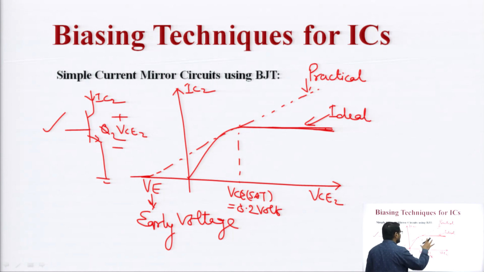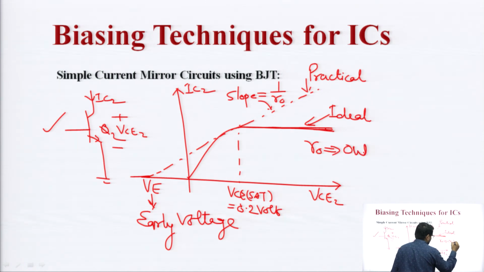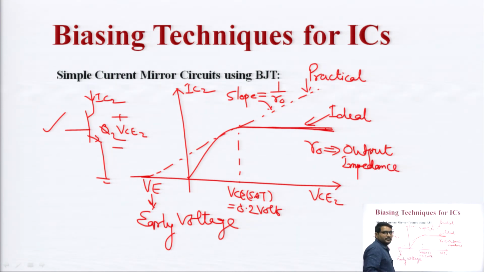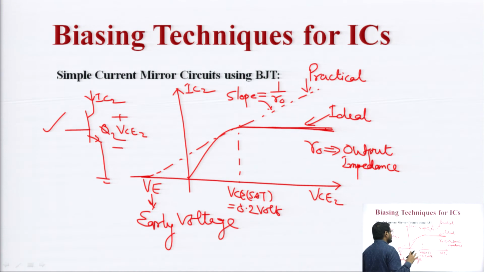If you consider the slope of this line, what is the slope? Slope will be 1 upon RO. RO is our output impedance. If you consider a practical case, then RO has some finite value.